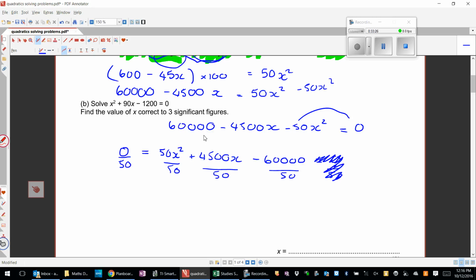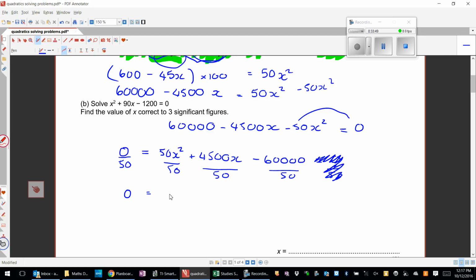Okay. The next stage is I only want 1x squared. I've got 50. There's the clue. Divide everything by 50, and you have to do each bit. 0 divided by 50 is still 0, because if you've got nothing and you divide it by anything, you've still got nothing. Why divide by 50? Because we want 1x squared.